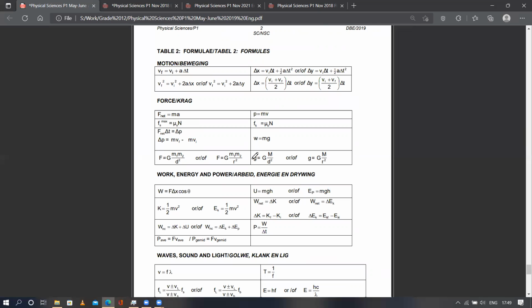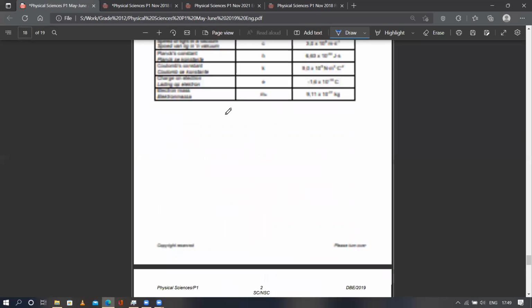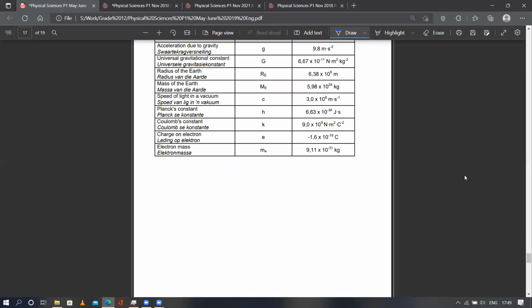This is for G, which is the force of gravity. What's the value of the big letter G? 6.67 times 10 to the exponent -11.